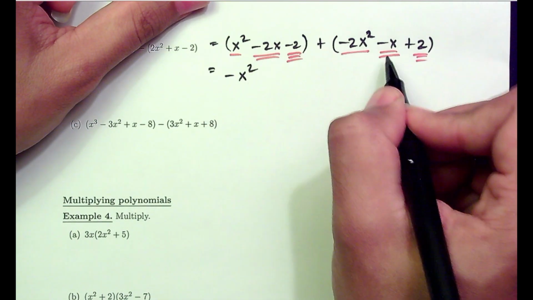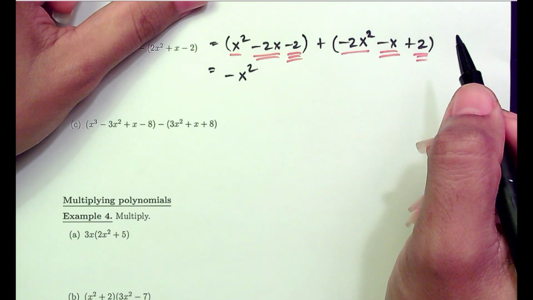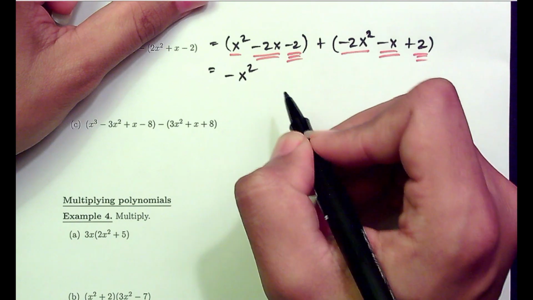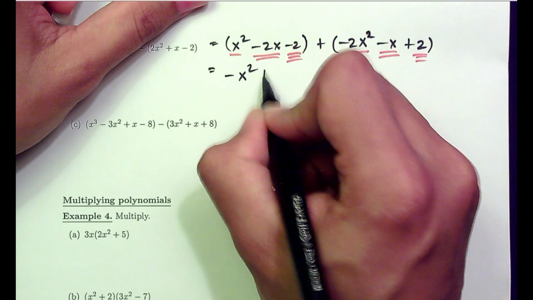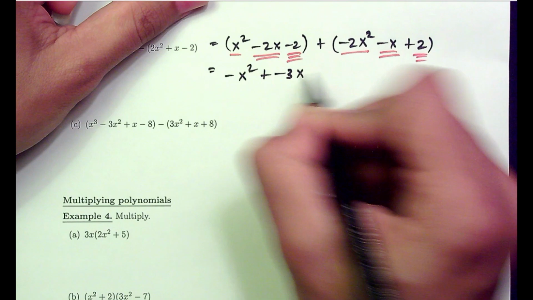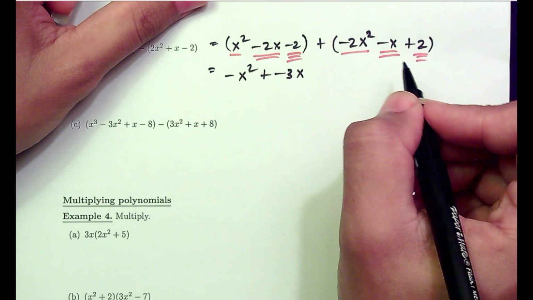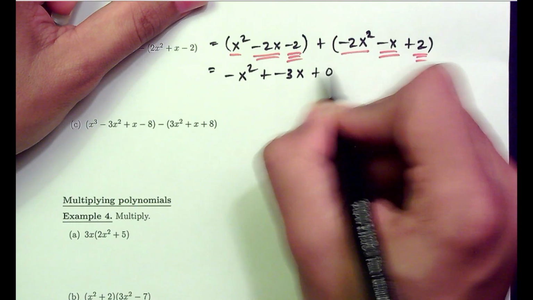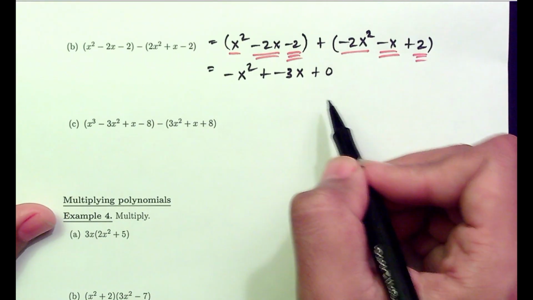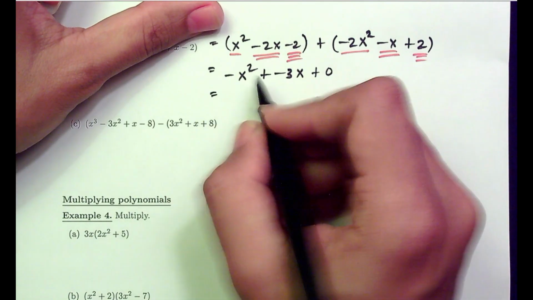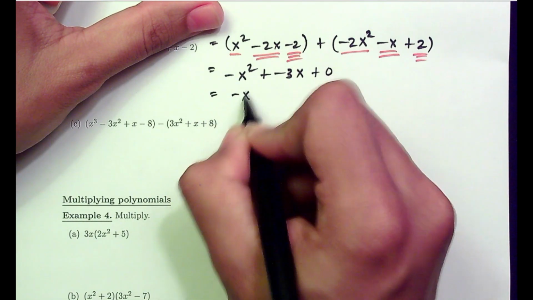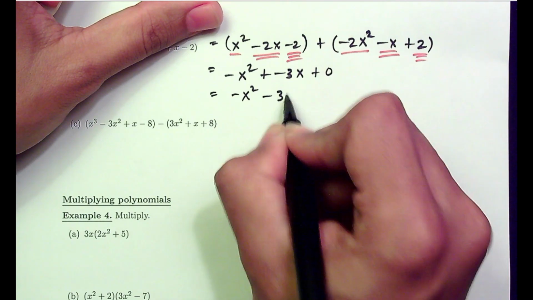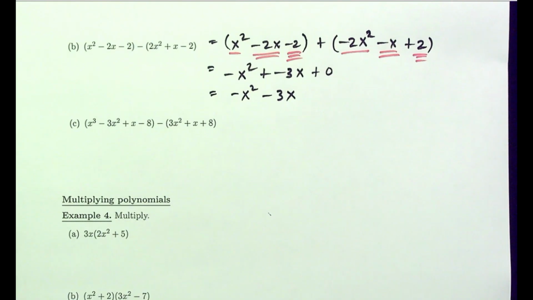Negative 2x and negative x, we're adding negative 2 and negative 1, which is negative 3, so you could write plus negative 3x. And negative 2 plus 2 is 0. Plus 0, we never write plus 0. So we're going to write negative x squared, and then you can leave this as plus negative 3x, or you can just write minus 3x. Both are acceptable.